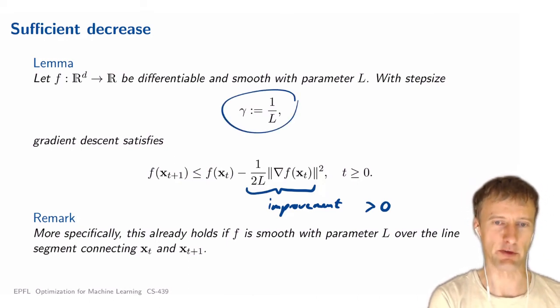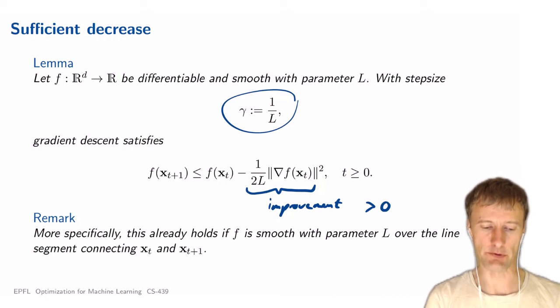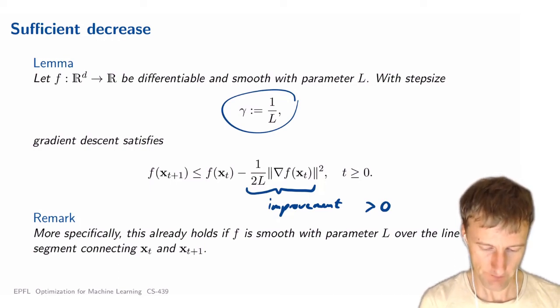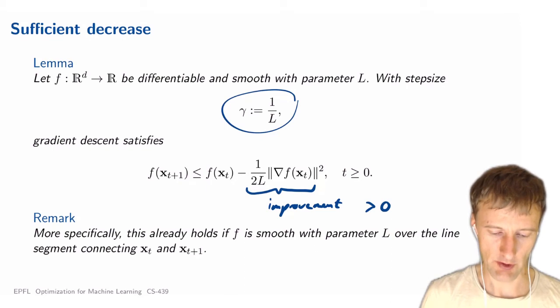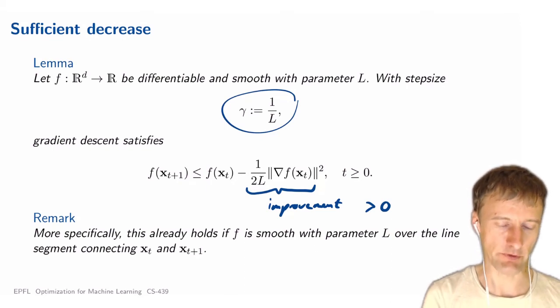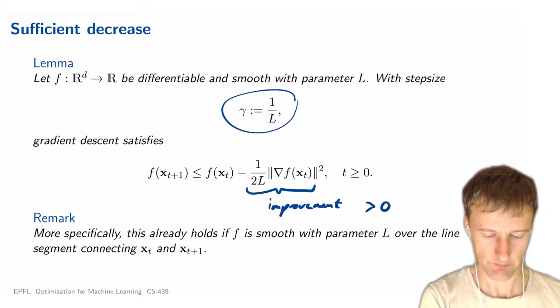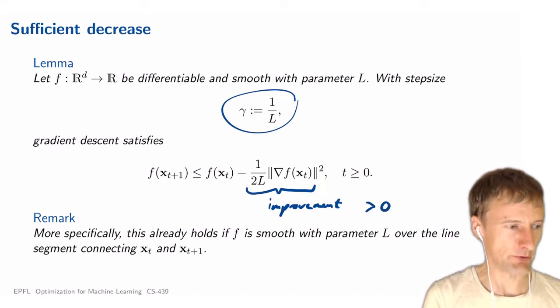Whenever you have a smooth function, you can use this constant step size. This lemma is called sufficient decrease, because the step size is chosen such that you get this strict decrease in the function value. And we want to prove this.